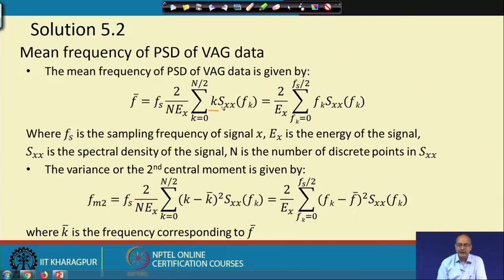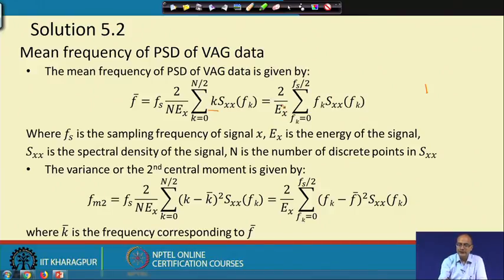And as we have to take the mean, we have a term here, Fs by 2, this is the number of samples or frequencies.